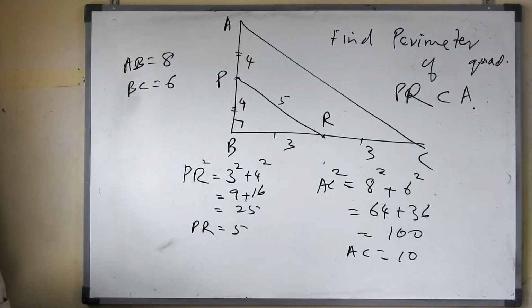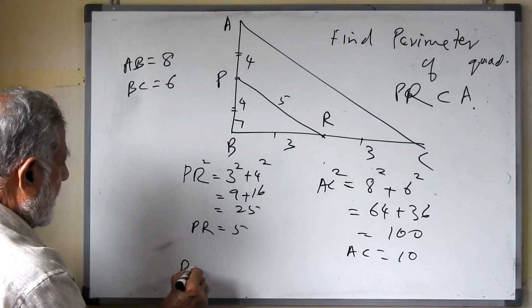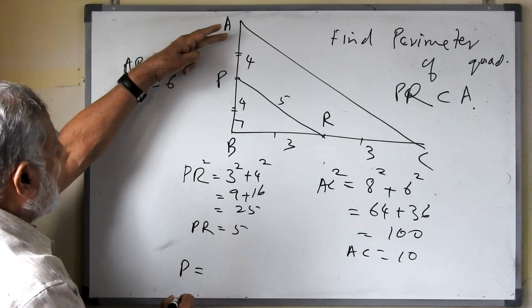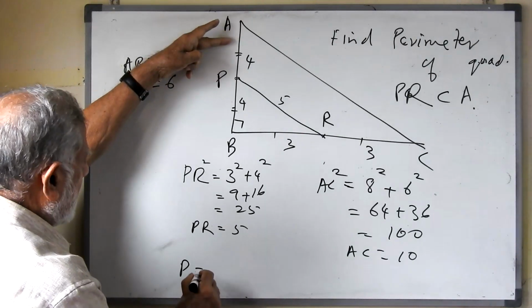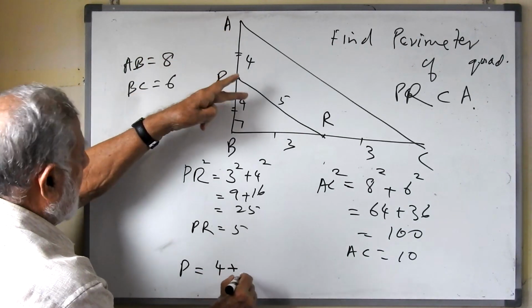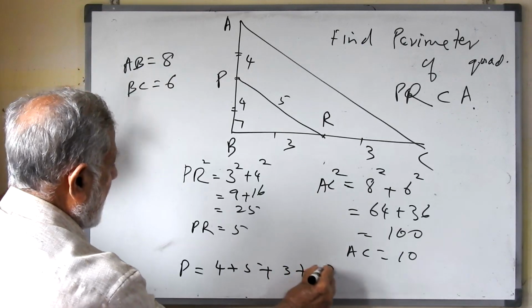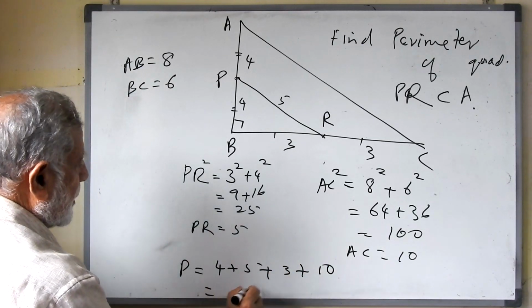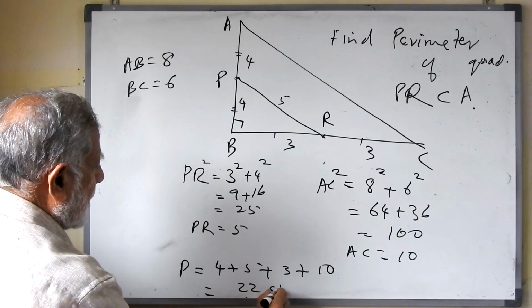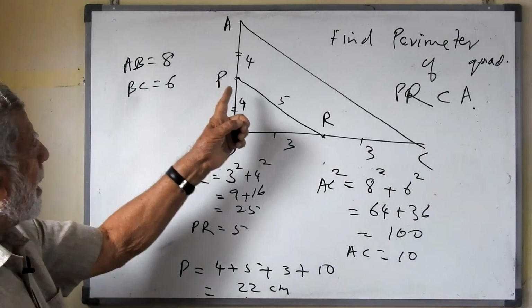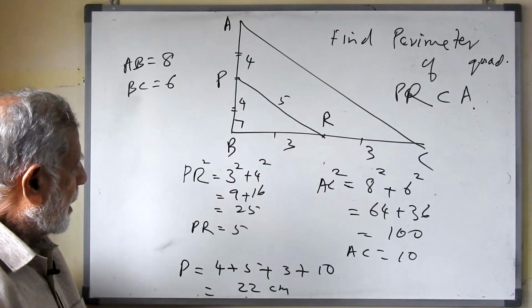Now we know all the sides of the quadrilateral. So the perimeter is equal to, starting from here, AP is 4 plus 5 plus 3 plus 10. That is 9, and 3 is 12, and 22 centimeter. So the perimeter of this quadrilateral equals 22 centimeter.